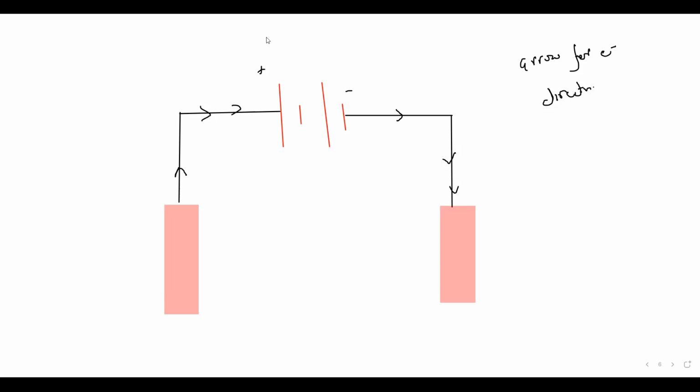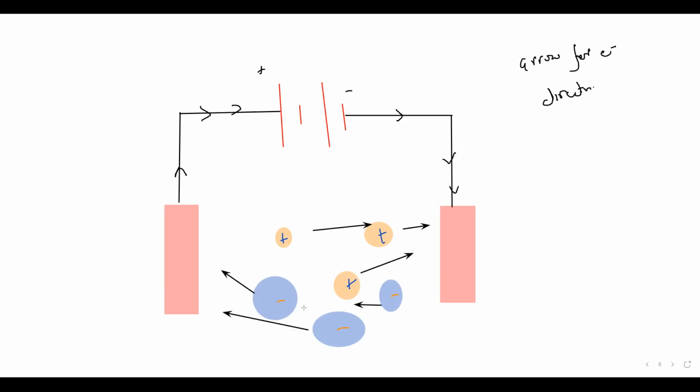And if we want to draw an arrow to show the movement of the ions, as there are positive and negative ions, the positive ions move towards the cathode, and the negative ions move towards the anode. So this is also a question in which they ask to show the direction of electron movement as well as the direction of ion movement.